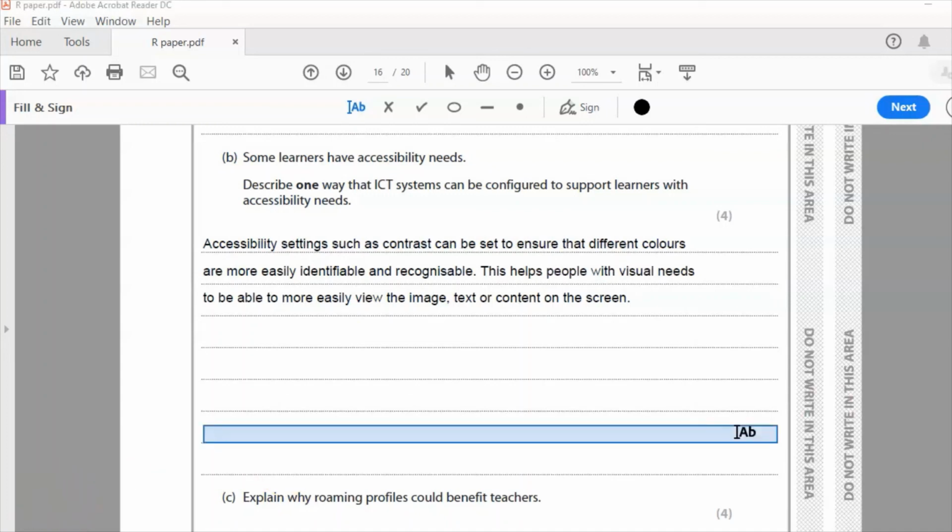This helps people with visual needs to be able to more easily view the image, text or content on the screen. We also have things like subtitles. Some of you may view this video with subtitles on. I put the settings for subtitles on so that you can more easily understand the content, if you've got specific auditory needs, auditory impairments, so you can more readily access the content.